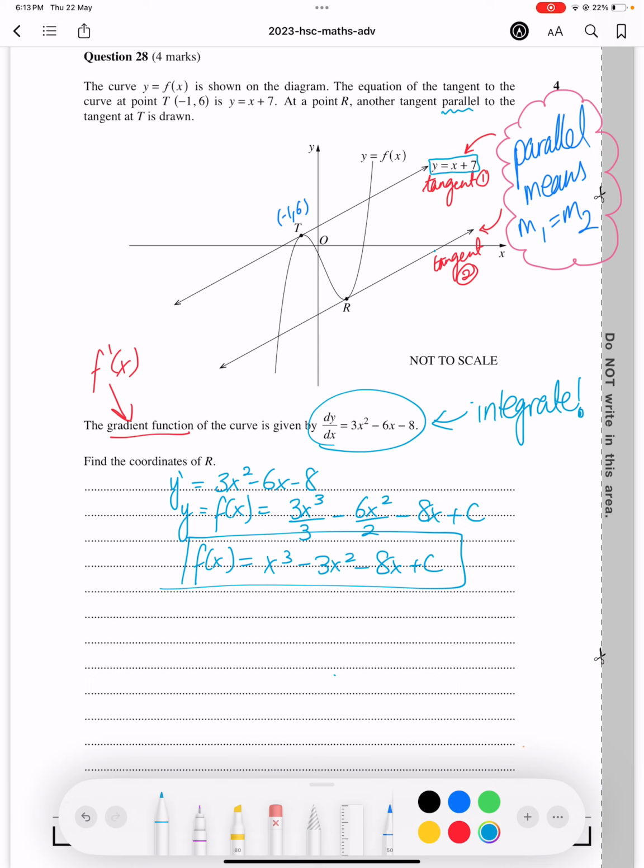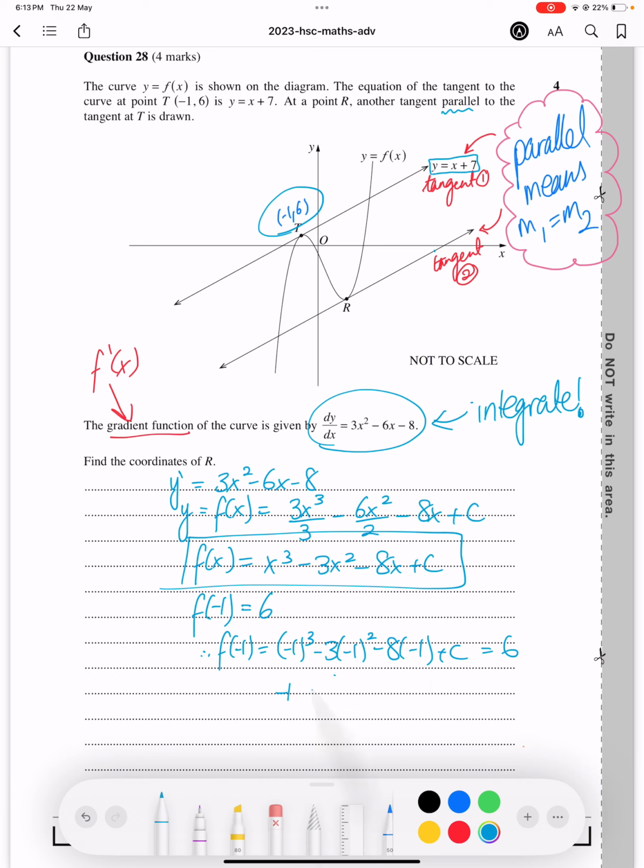So now what we also know is that at f of minus 1, f of x is 6. So therefore, we're going to plug that in, and all of that needs to equal 6.